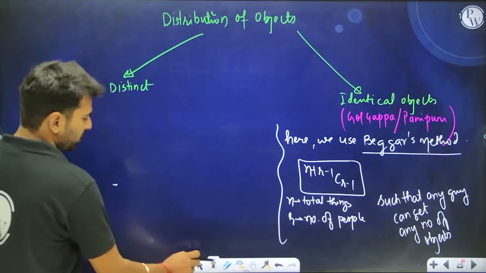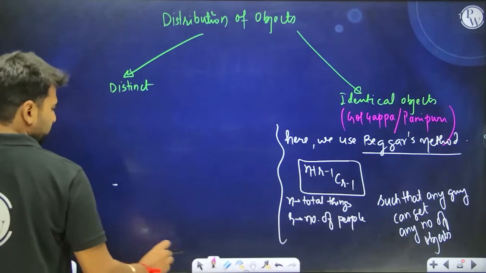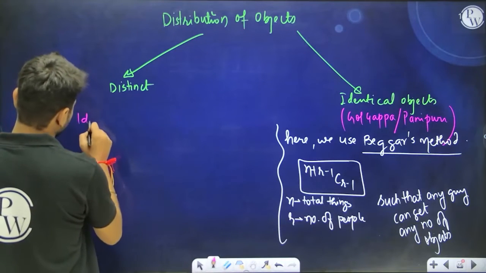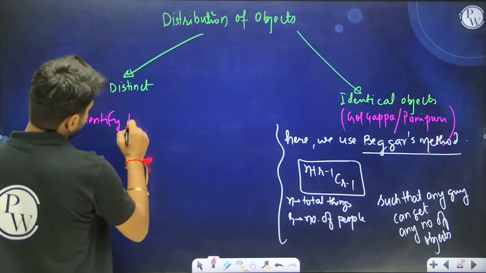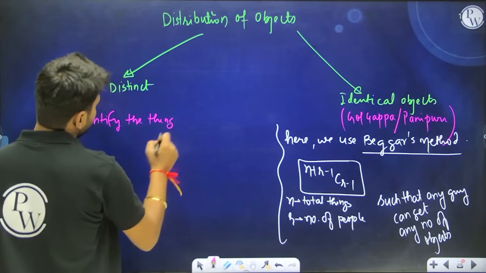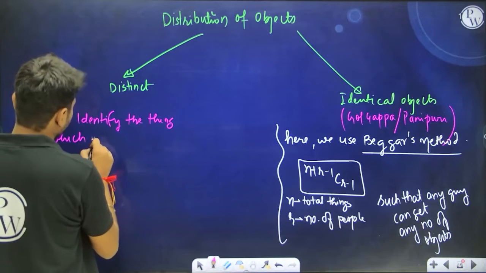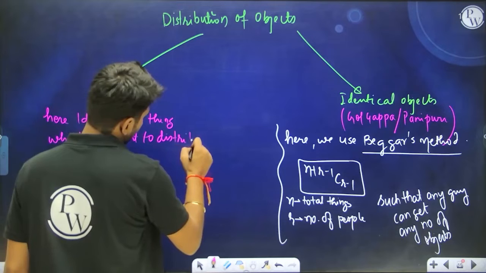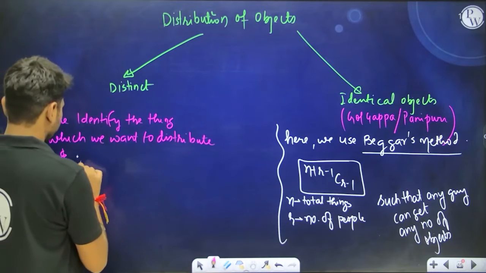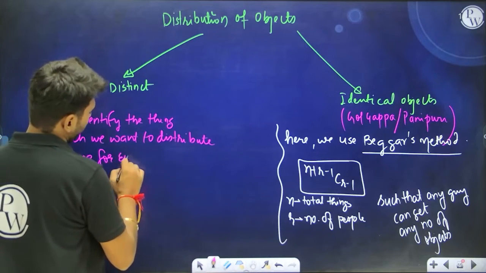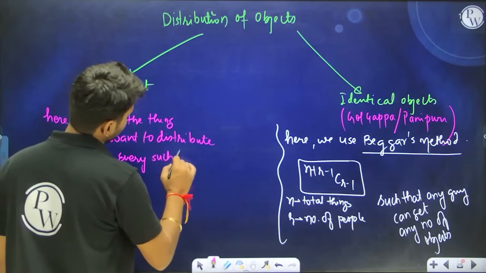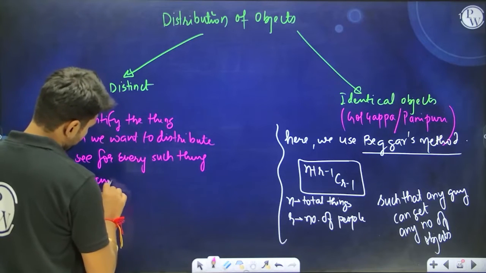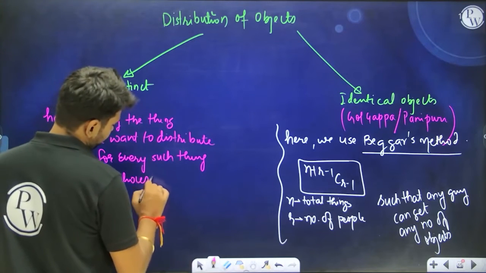If we are talking about distinct objects distribution, then let me tell you one thing here. Identify the thing which we want to distribute, and see for every such thing how many choices are there.